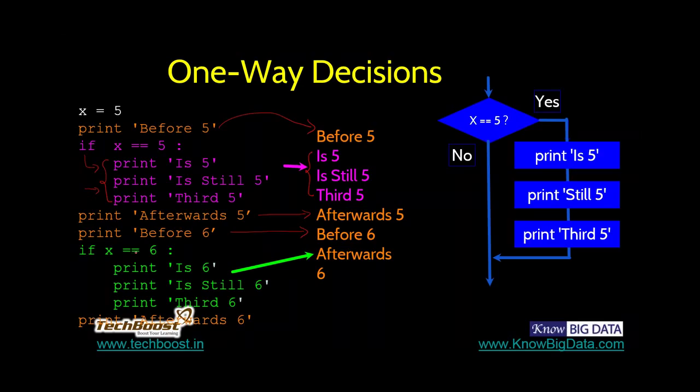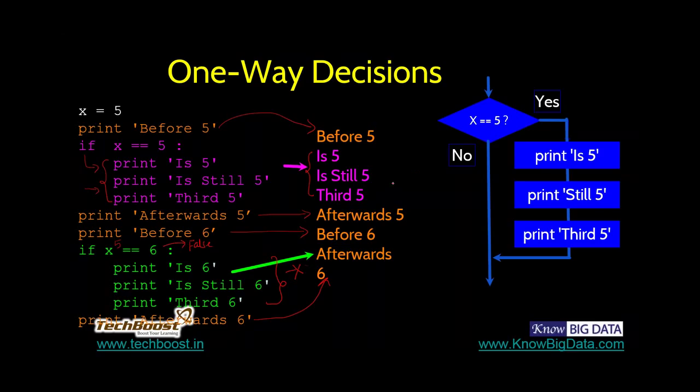Is x equal to 6? No. x is 5 and 5 is not equal to 6. This evaluates to false. The following block, which is again these 3 lines, does not get printed. And what gets printed is the last print, which is unconditional.